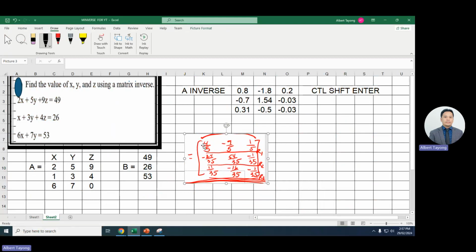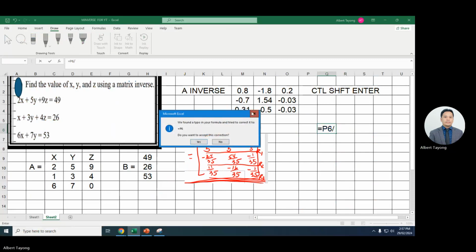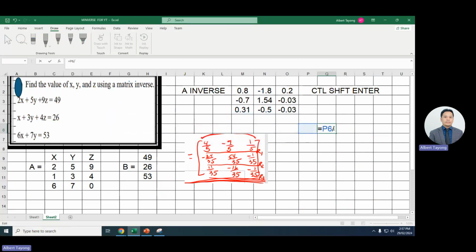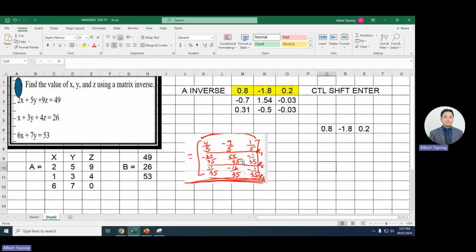We have the first one is 4 over 5, so equals 4 over 5. 0.8 is correct. And then we have negative 9 over 5. Negative 1.8 is the same. And then 1 over 5, that is 0.2. So the first values are correct.